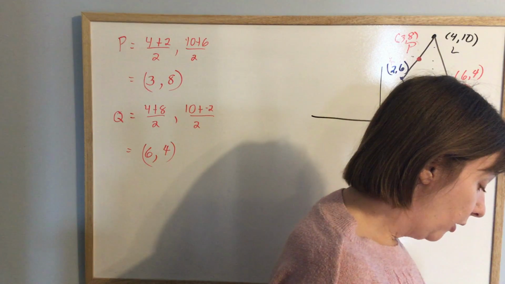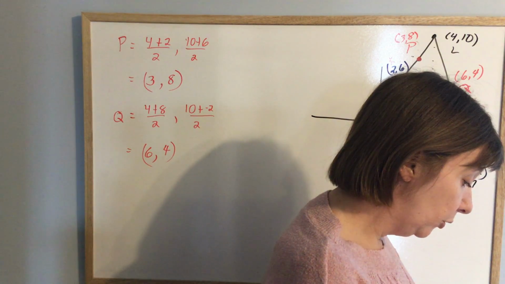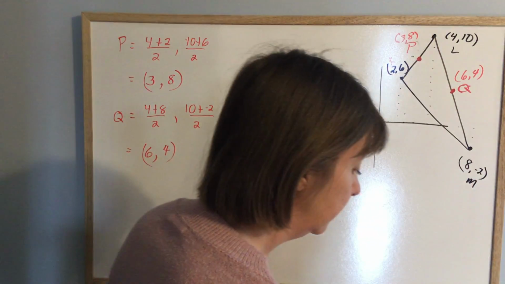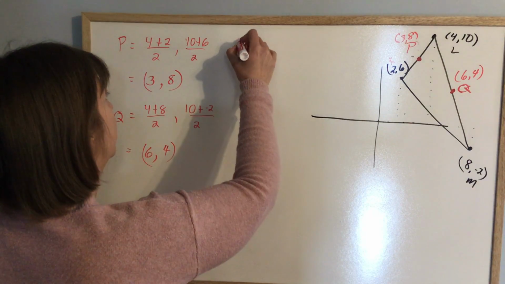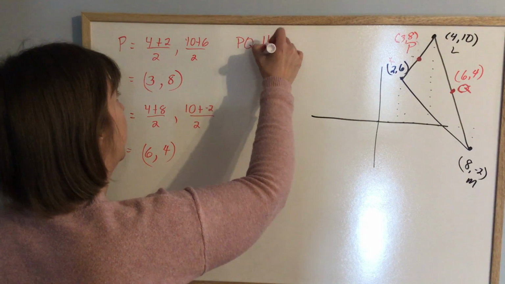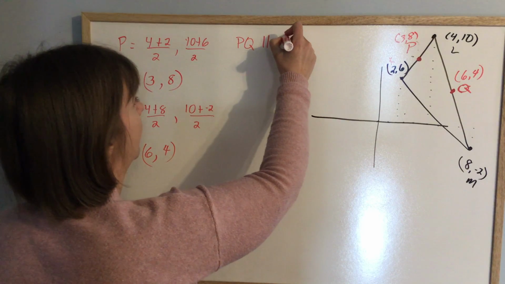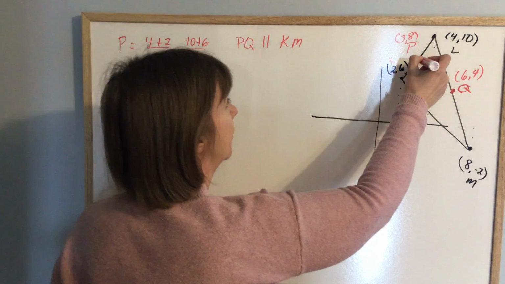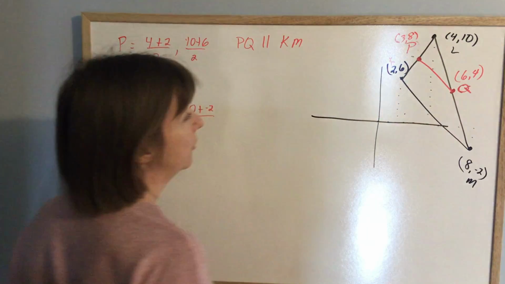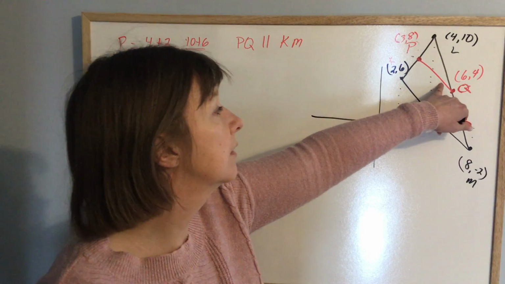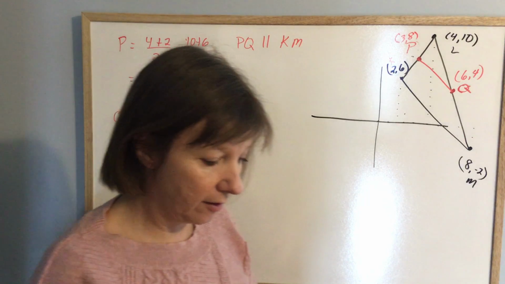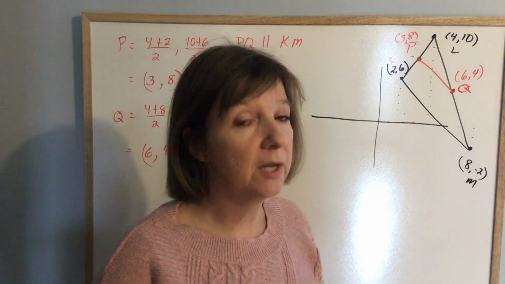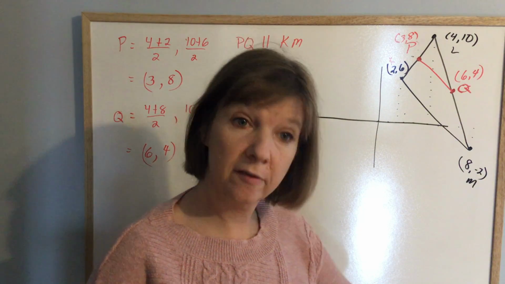Now it says show that PQ is parallel to KM. Show that PQ is parallel, that's the symbol for parallel, to KM. So I'm showing that if I joined the line of my 2 midpoints, this line is parallel to this one. Parallel means that the slopes are the same.